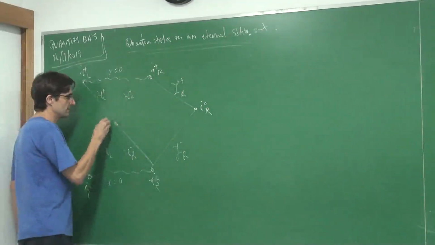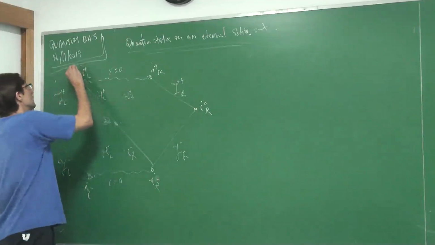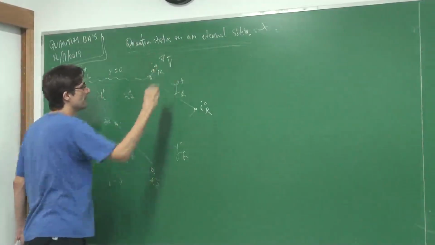B is the bifurcation two-sphere, and reflection through. So this is what we call U bar, and this is what we call V bar.